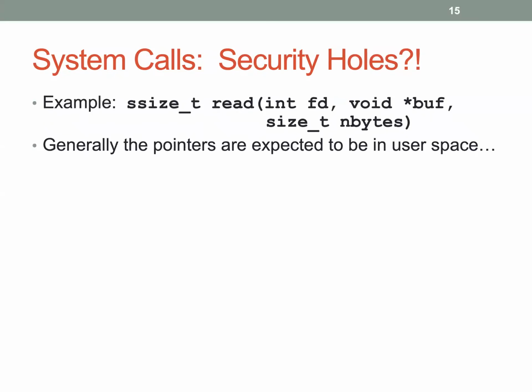So we hope and expect, like on a good day, that the buffer pointer would be in user space. Now, what if it's not in user space? What if a user program tries to access kernel space? Well, if the user program tries to access kernel space, the CPU says no, and it generates a protection fault.